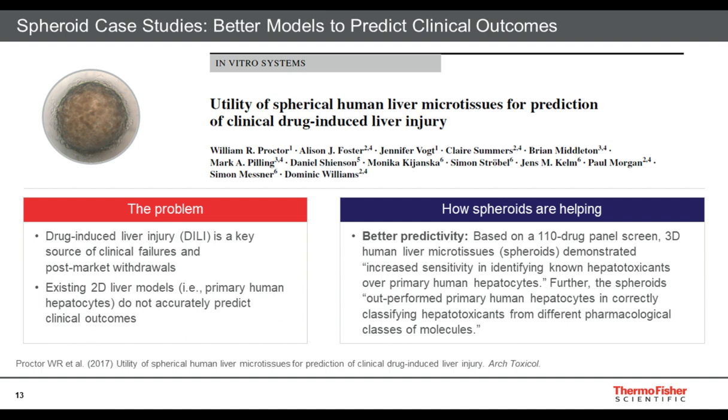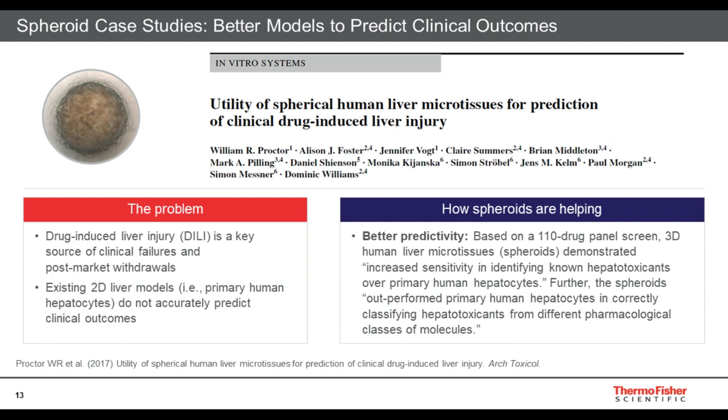And so essentially they took 110 compounds of known toxicological profiles and screened these, and said how well do the 3D cultures predict versus 2D, and it was pretty impressive actually.